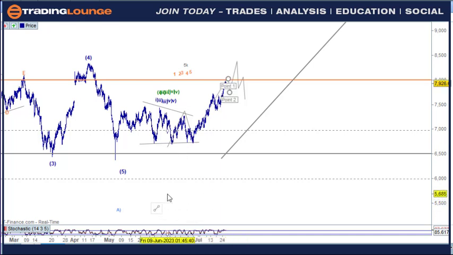So, yeah, what I was going to say is that whichever way you want to look at this here, it's a corrective pattern, so it's basically some sort of A wave, if you will, some sort of B wave, and some sort of C wave up here.